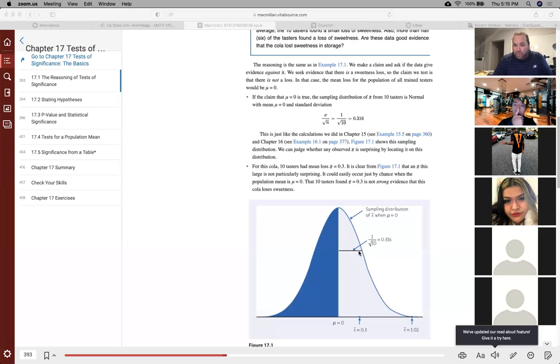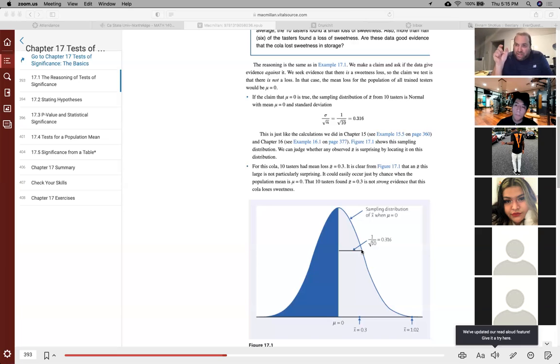So if we get a value here, based upon this picture, is that really a crazy value to get? Remember, the center is the most likely, it's the highest. The wings are very unlikely because they're very low. And basically the likelihood of an event increases as you get closer to the center. Would you say that 0.3 is a really unlikely outcome?